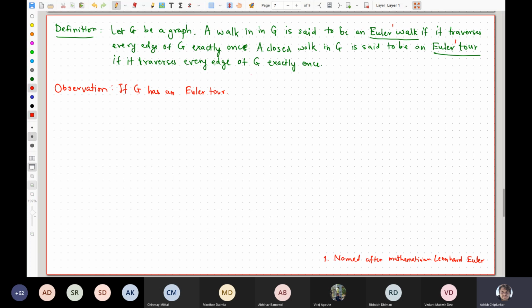Okay, so G has an Euler tour. If G has an Euler tour, then condition number 1, every vertex of G has even degree, and condition number 2, G has exactly one non-empty connected component.